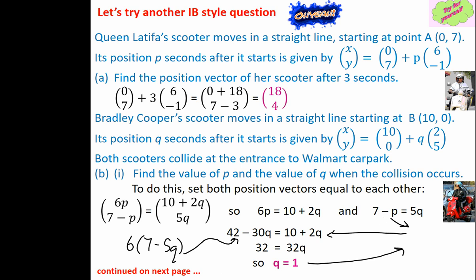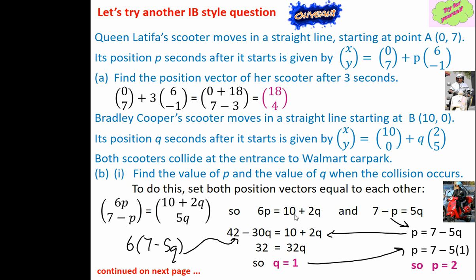So what's going on here? 7 minus p equals 5q is a really easy one to rearrange. Add p over here, bring 5q over here, so p equals 7 minus 5q.